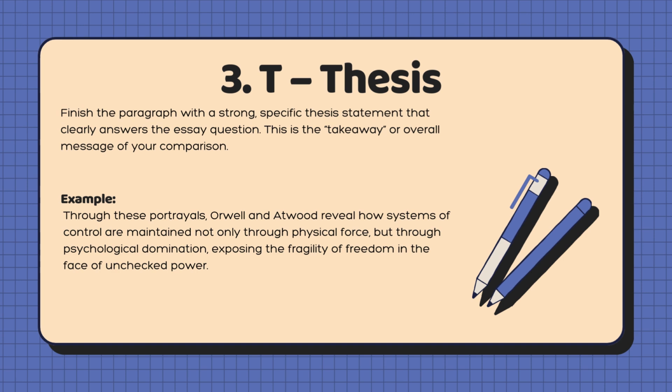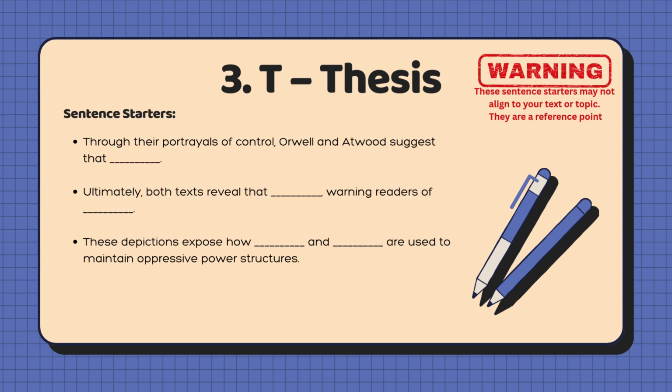A pro tip here is your whole essay is based around your thesis, so make it clear, insightful, and specific. You want to try and work your working thesis statement into this section. It doesn't need to be exactly how you wrote it in our previous lesson, but it builds on this. I've given you a couple of sentence starters here, so please use these as a reference point and remember that they may not align to your text or topic.